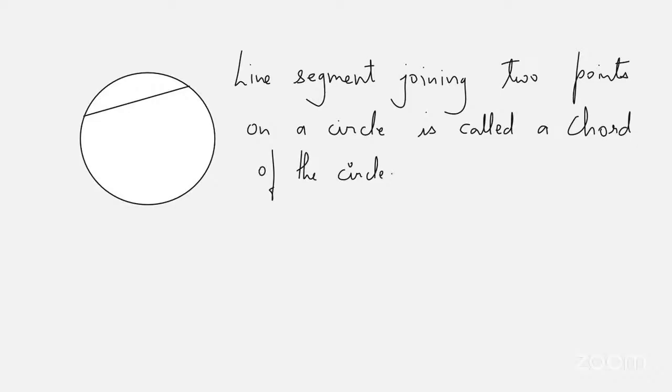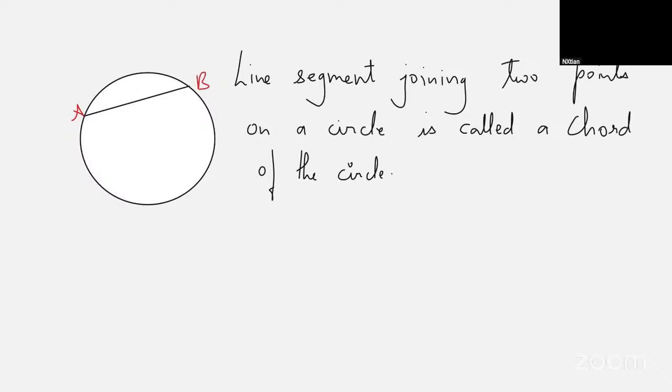Let's name the chord AB. 2 points are there. Now, why have I written line segment? Line segment because it has a fixed length. A chord has a fixed length. That is why a line segment joining 2 points in a circle.